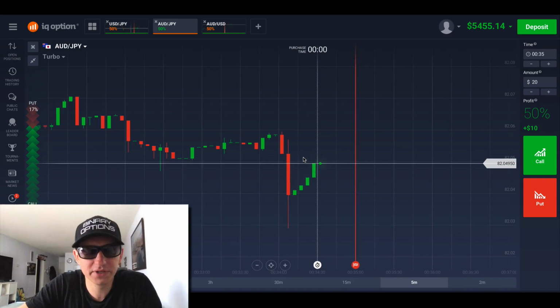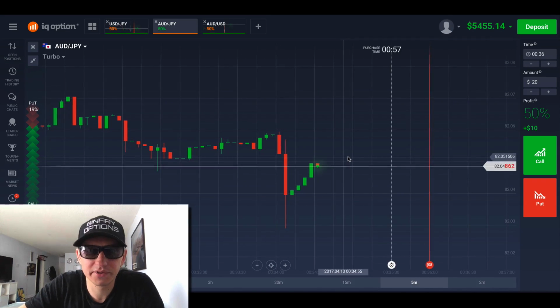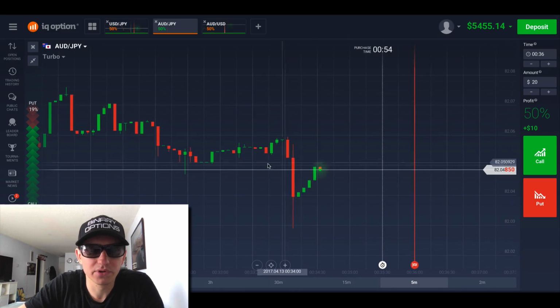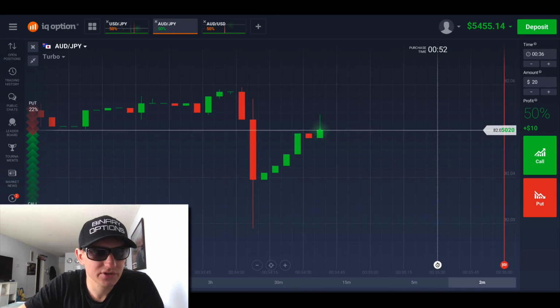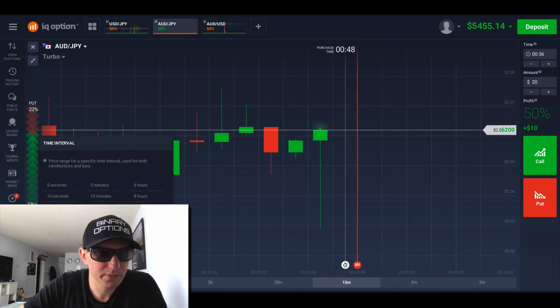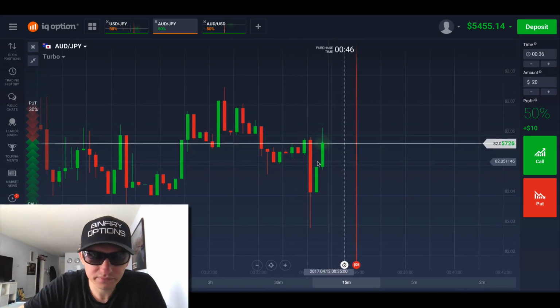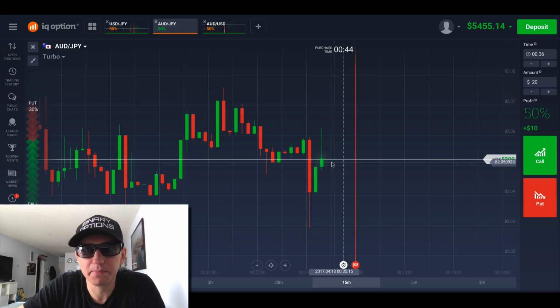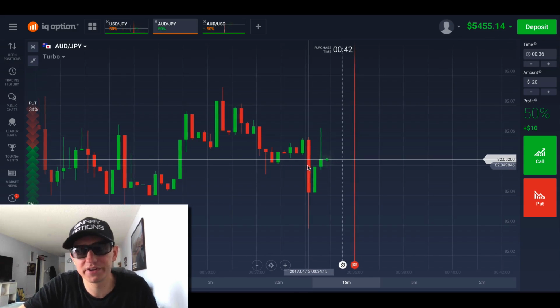So for the newbies, I know that there are some people over there that don't know what those candlesticks mean. Basically, if I switch to the 1 minute interval, each of these candles shows the period of 1 minute.